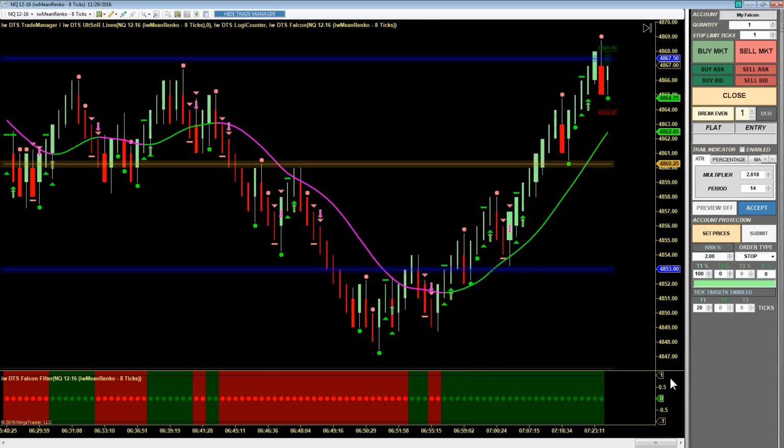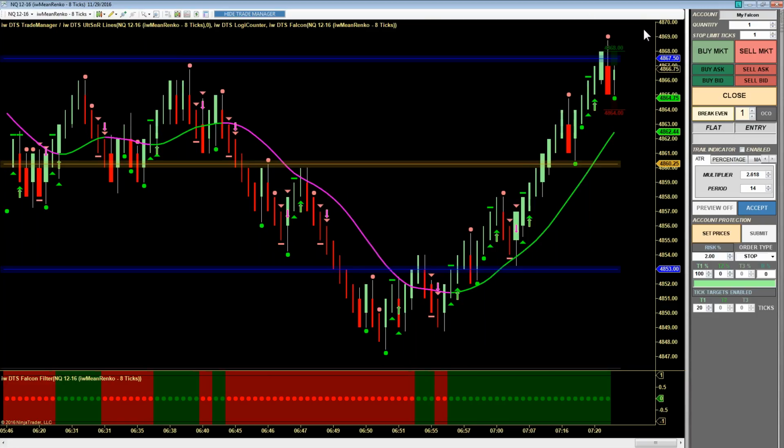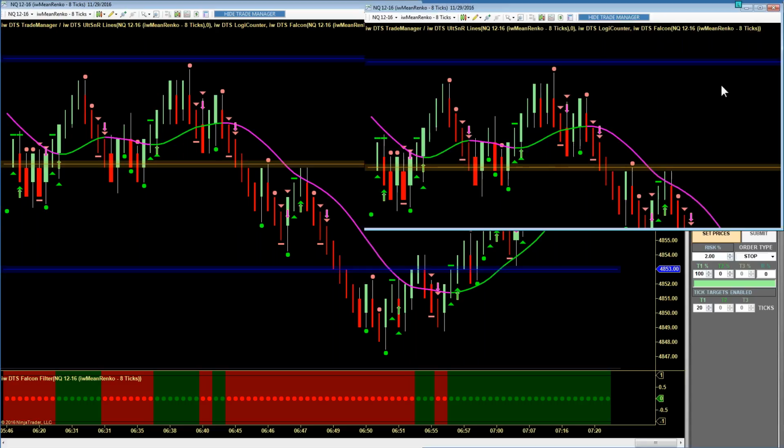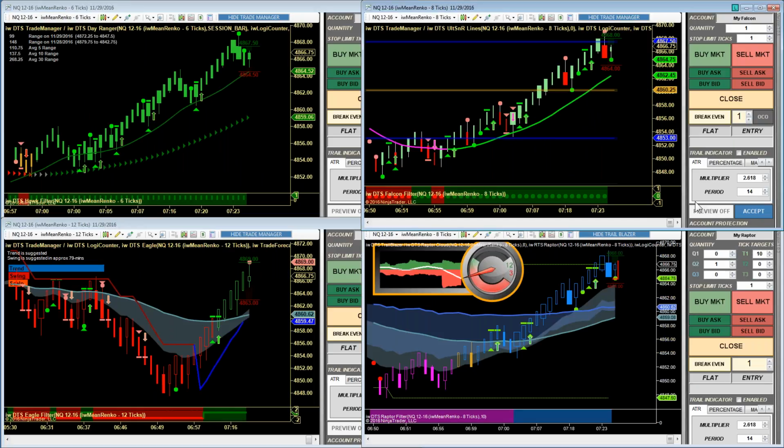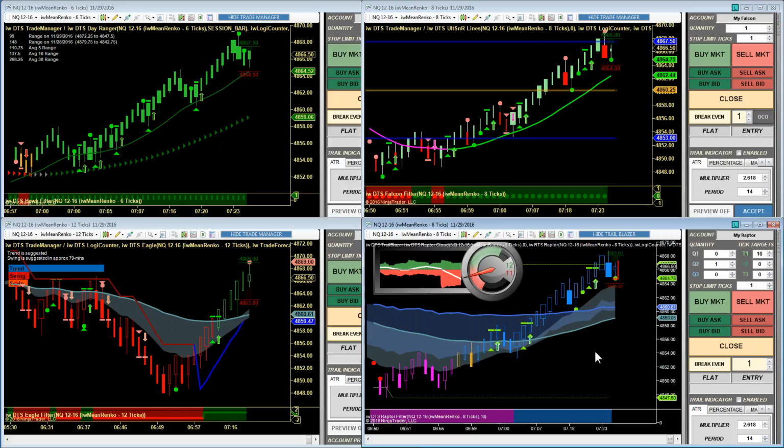That is very rare that the market should do that. But in a sideways trading range, which is what I suspect we're seeing today, we're going to get that kind of nonsense going on.